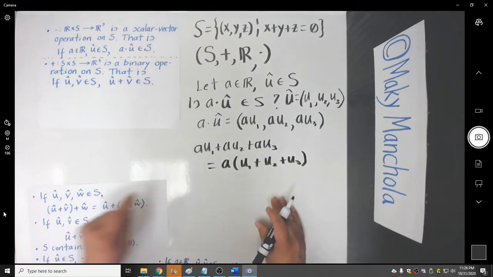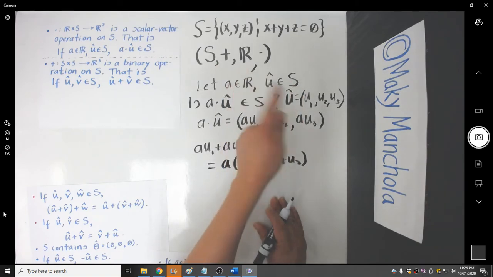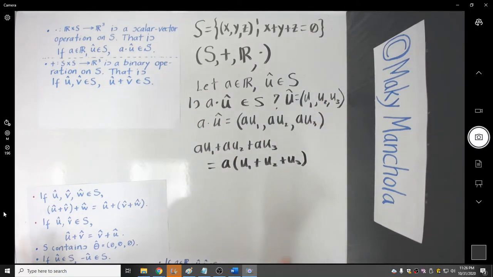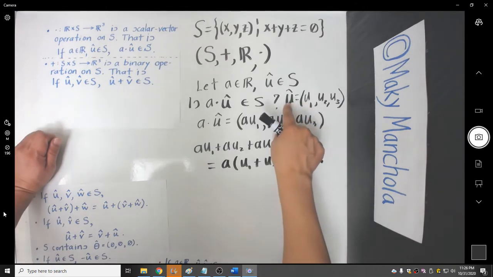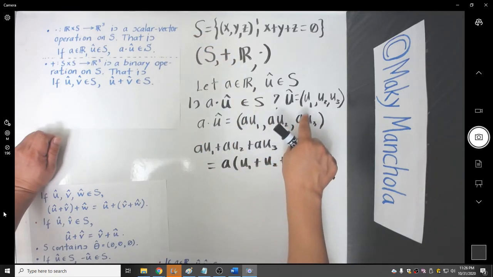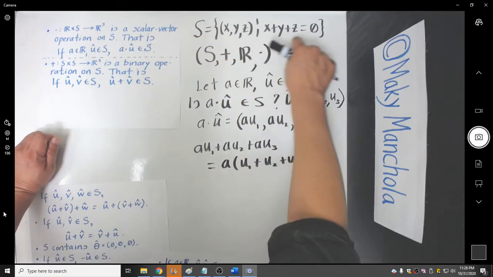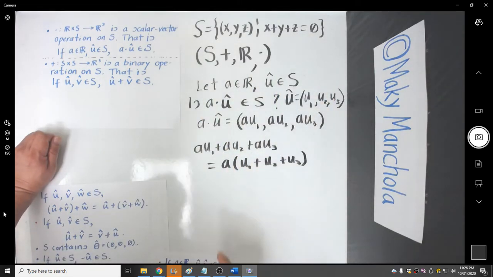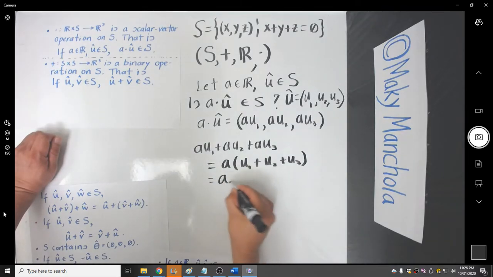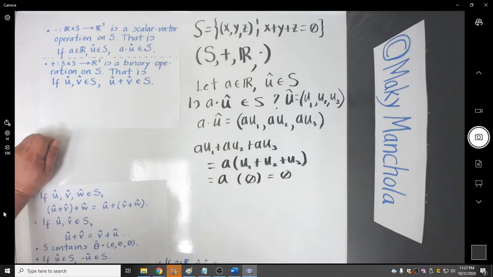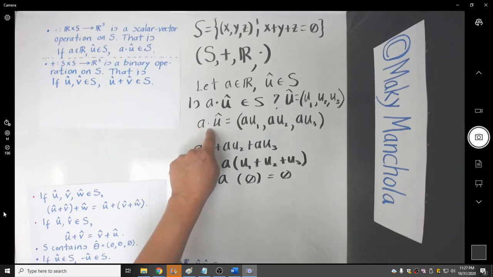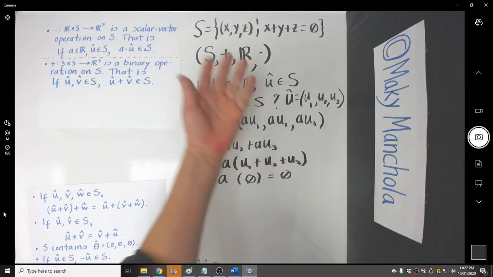But remember that we picked U to be in S. So that means when you add U1 plus U2 plus U3, you get 0 because U belongs to S. If this is a vector in S, its entries must satisfy the conditions for elements in S. So the sum of U1, U2, and U3 is 0. So you get A times 0. So that's 0. So we conclude that the scalar product, A dot U, does happen to belong to S.